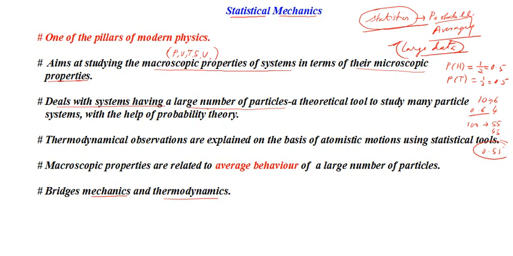If you toss it 1,000 times, maybe you will get a bit closer. Maybe you will get something like 520 times head and 480 times tail. Can you see that?